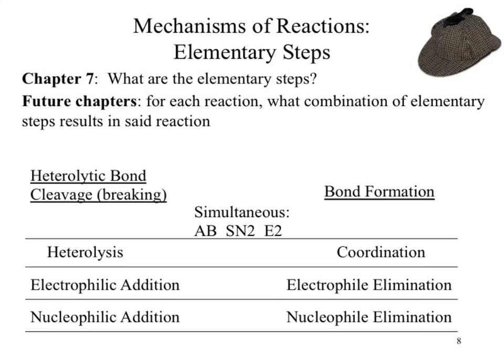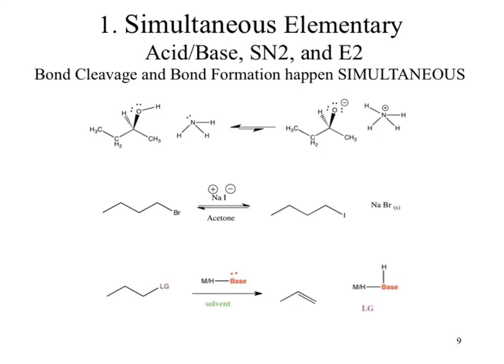What happens if we then change what we're working with? If we look at an addition reaction, we aren't making and breaking sigma bonds, we're making and breaking pi bonds. So that's going to change the type of materials we're looking at. And that's where we get nucleophilic and electrophilic additions versus electrophile and nucleophile eliminations. So let's take a look at some of these as examples.